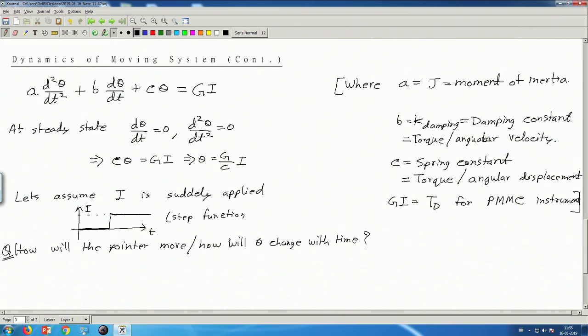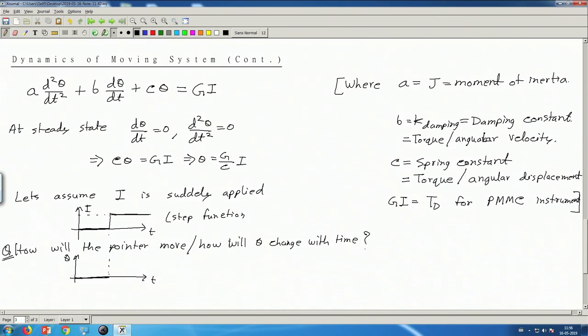Theta initially should be 0. Let me draw once again, theta versus time t. Theta should be 0 up to this position because there was no current, so there should be no deflection.